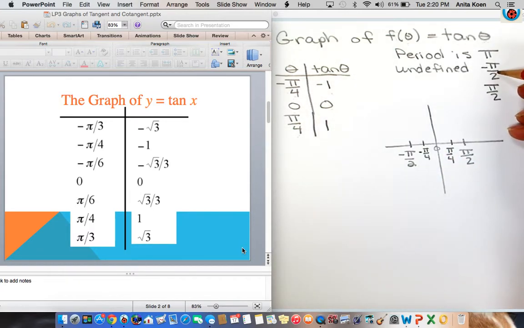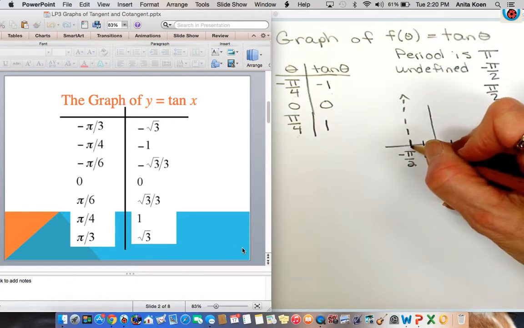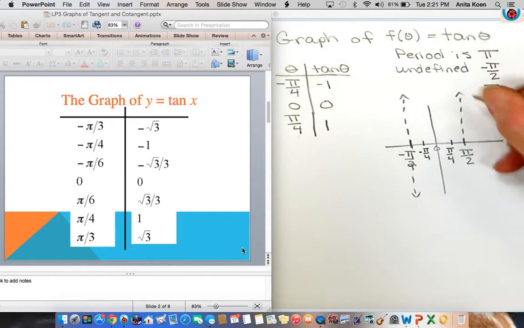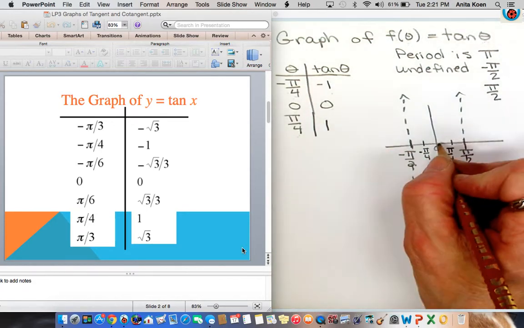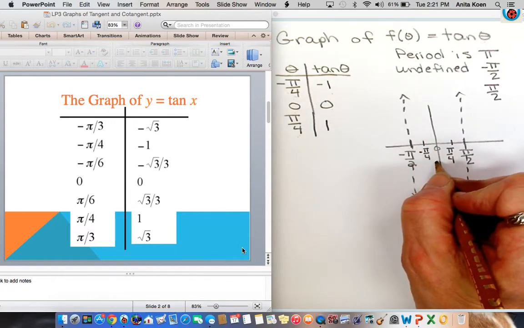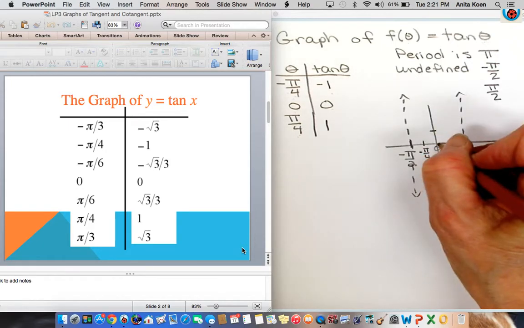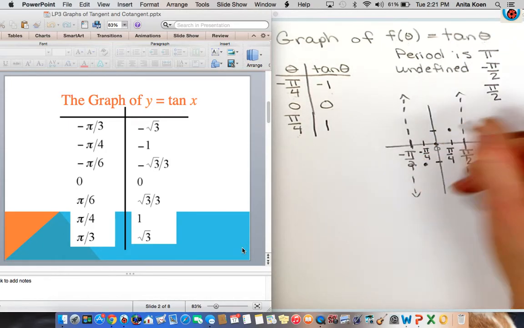I know that my asymptotes are going to be at negative pi over 2 and at pi over 2. And then I'm going to graph the points that are the critical points that are on my table. Negative pi over 4, negative 1; 0, 0; pi over 4, 1.